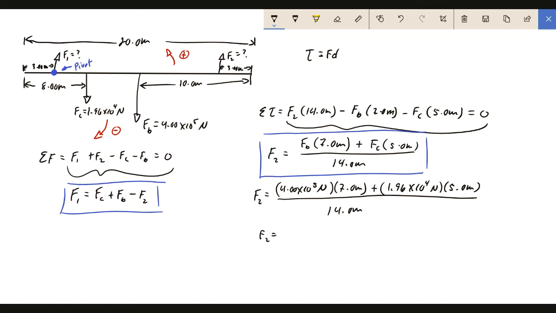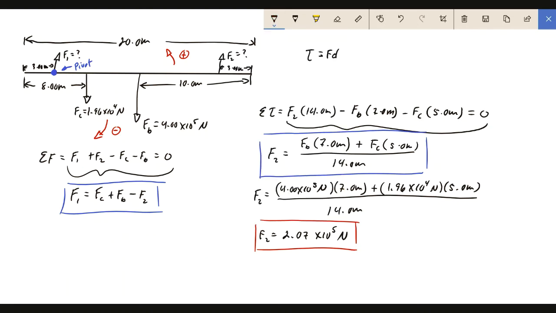F2 equals all the calculator stuff that you can do. I have 2.07 times 10 to the 5th newtons. So that is the support right here on the side that doesn't have the car. If you chose to put the car on the other side, then F1 would be equal to this. You'll still get the same numbers, it just depends on how you set up your diagram.